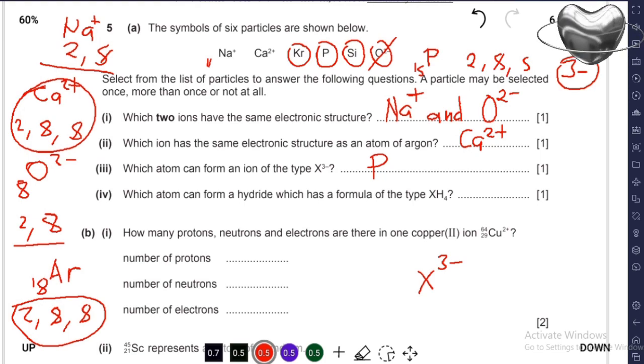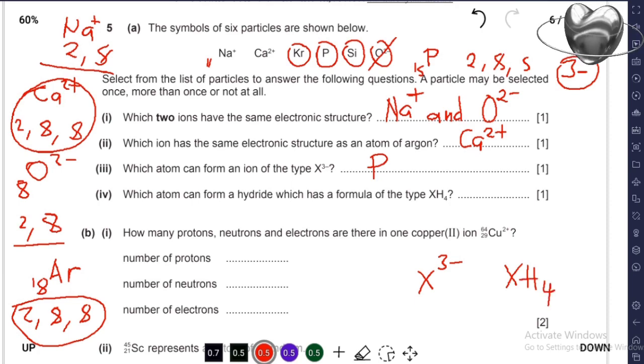Which atom can form a hydride which has a formula of the type XH4? Okay, so we need to think.